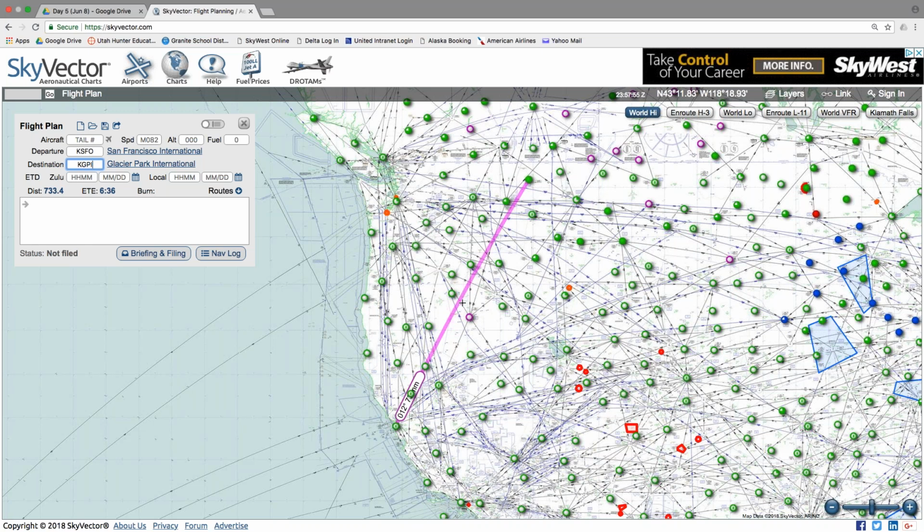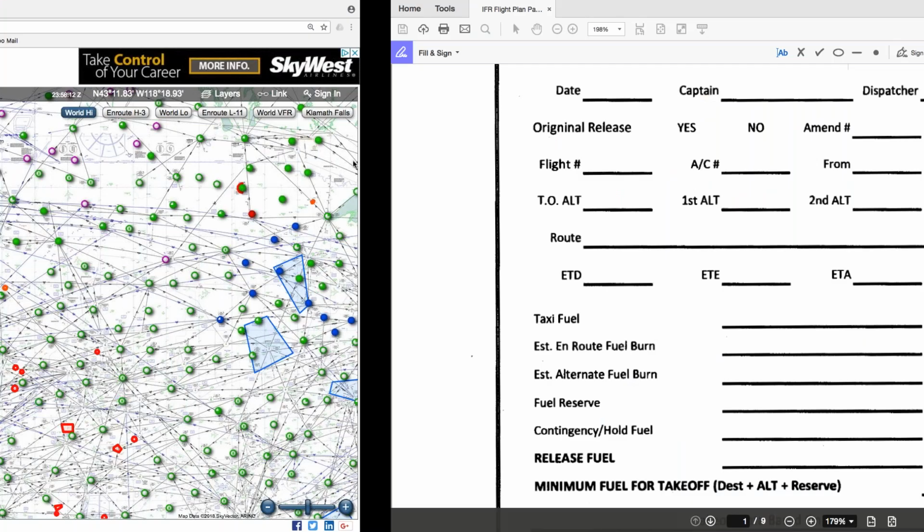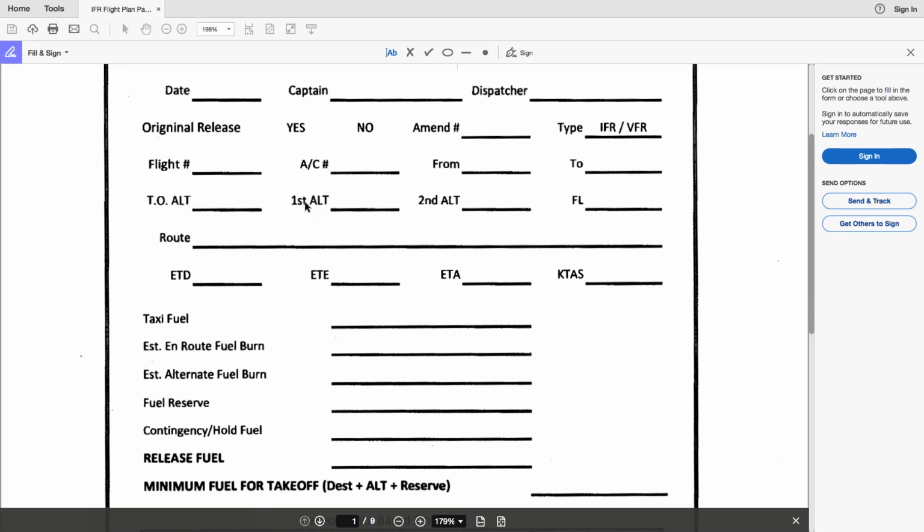Now I can take that 2.1 hours and I can add that to my estimated time of departure, and that gives me what? So 0.1 converts to 6 minutes.